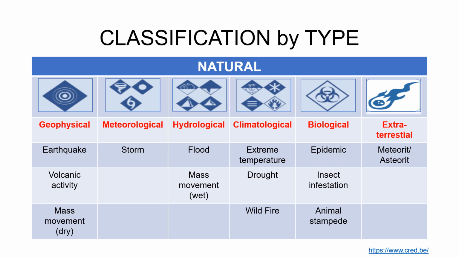Under natural, we have geophysical, which are events originating from solid earth, such as your earthquakes, volcanic activity, and dry mass movement. Second is meteorological, which are events caused by short-lived, small to mesoscale atmospheric processes, occurring from minutes to days, such as storms.